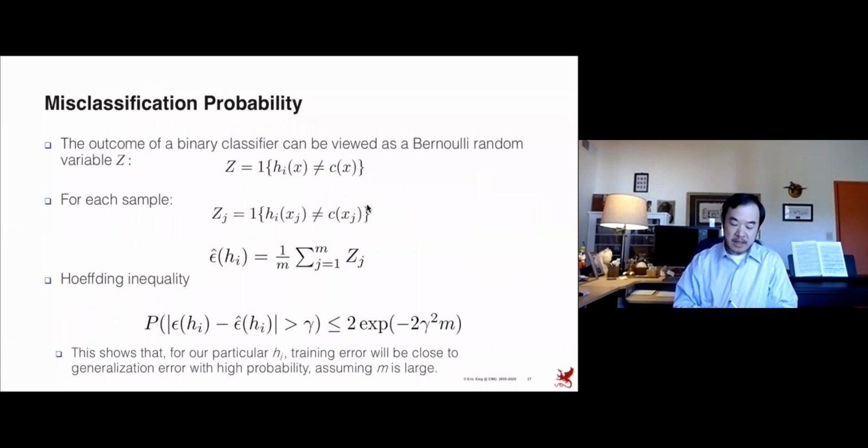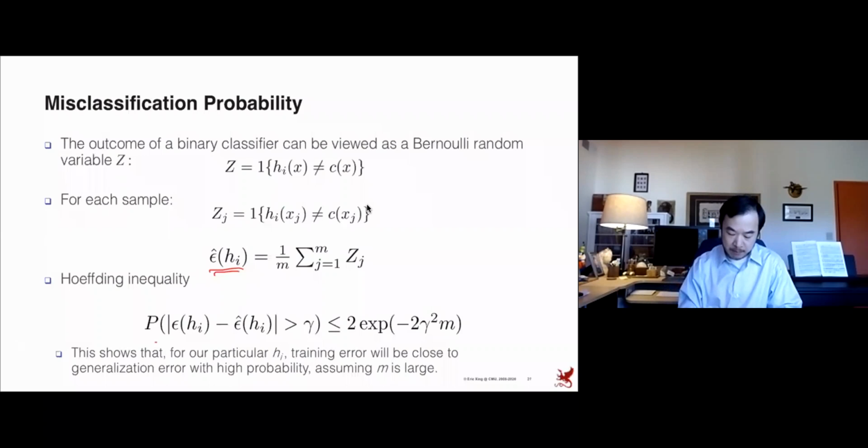The misclassification probability. Okay, so classification could be viewed as a Bernoulli event. It's right or wrong with an error probability. Okay, therefore our empirical error of any hypothesis is just the accounting of the classification outcome, right? And now you remember in the Hoeffding inequality, we basically have a way to bound the deviation of this estimated error versus the true error, right? Just you making the error as a Bernoulli event, then these two things are really equivalent.